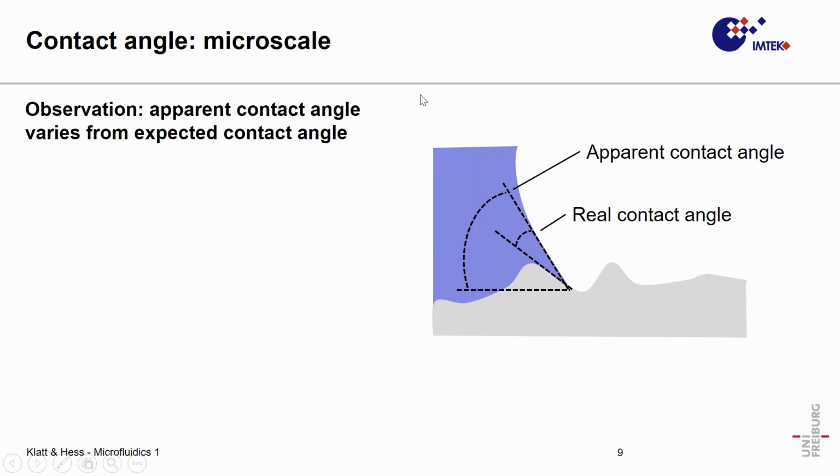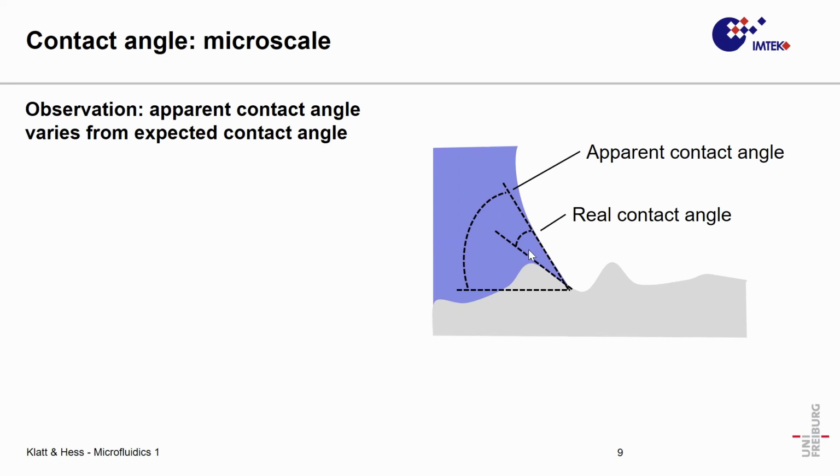However, in reality, it's a little more complicated, because if you look on a micro scale at solid surfaces, you usually have a certain roughness. And this leads to a difference of the apparent contact angle compared to your expected contact angle. So from your macroscopic point of view, you will see the apparent contact angle, which is much larger than the real contact angle.